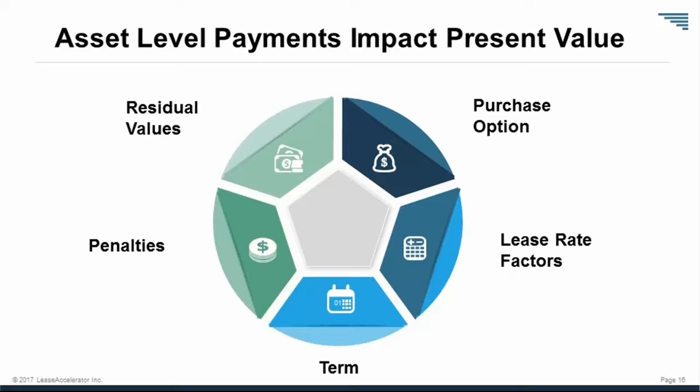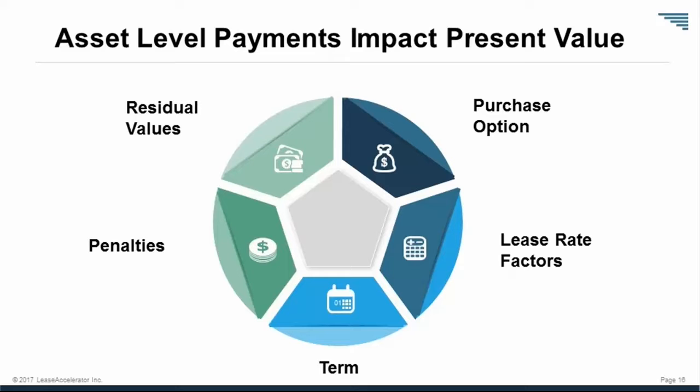Term: how long are you reasonably certain to lease specific assets? Under ASC 842, the recognized lease term includes the non-cancelable period plus any optional periods where it is reasonably certain the lessee will exercise the option to renew, or in other words, not terminate the lease.